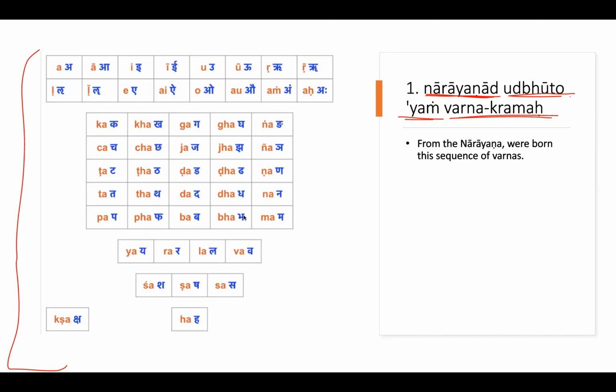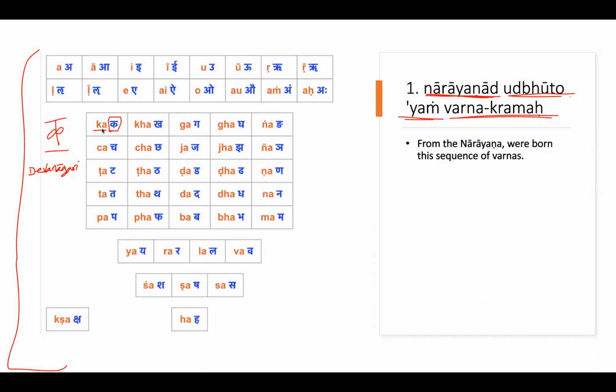So these are the letters that came from Lord Narayana. When I say letter, it is not that this form of the letter, this text we have written here, has come from Narayana. No, this is a shape called Devanagari. It is part of a script called Devanagari.